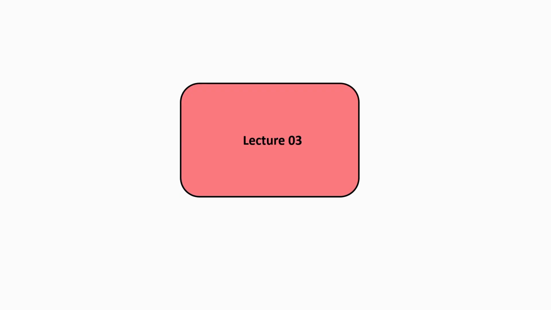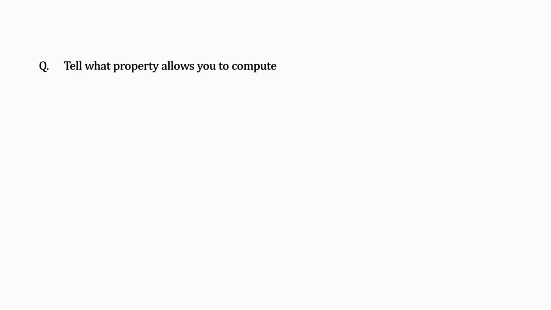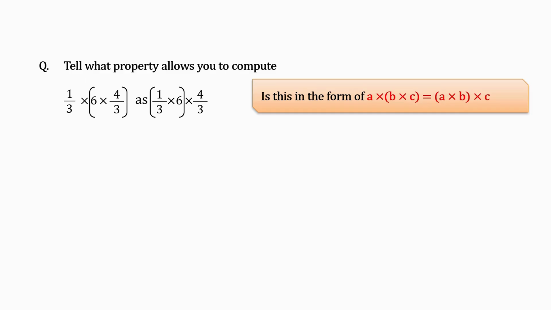Lecture 3, Module 9. Tell what property allows you to compute 1 by 3 into (6 into 4 by 3) as (1 by 3 into 6) into 4 by 3. So let's check if this is in the form of a into (b into c) is equal to (a into b) into c.